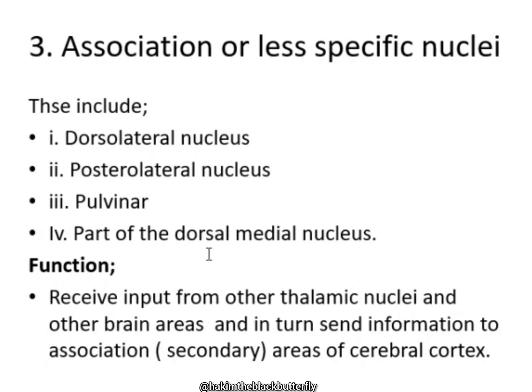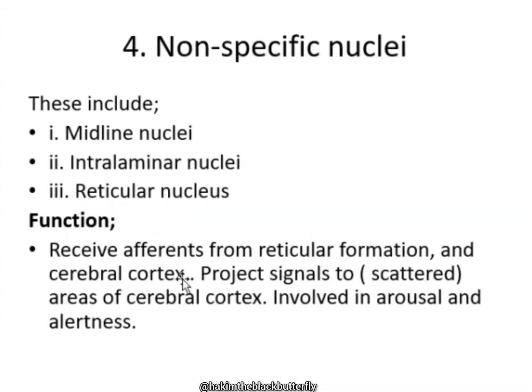And then part of the dorsomedial, but the major ones are dorsolateral, posterolateral, and the pulvinar. Those are known as association nuclei of the thalamus because of their function.